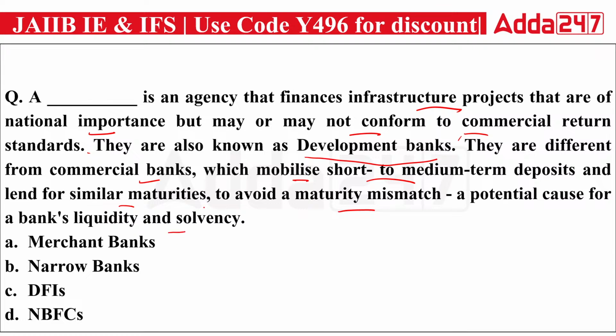What do you think? What type of institution gives funds for infrastructure purposes, fulfilling the national importance of the country? They are also known as development banks, and they are different from commercial banks. So what do you think?